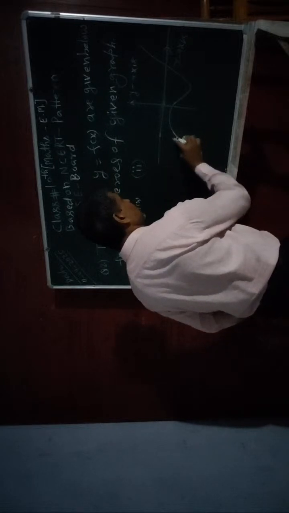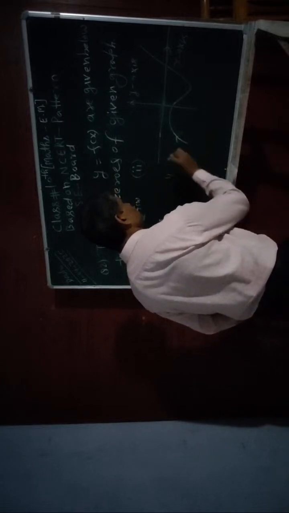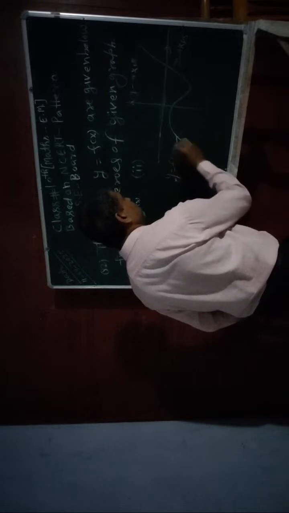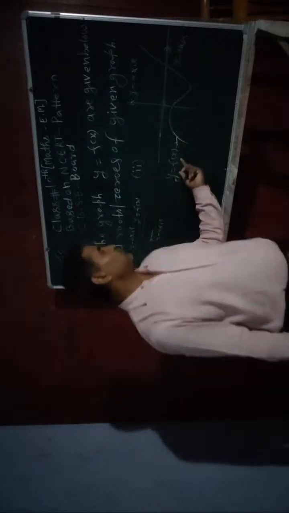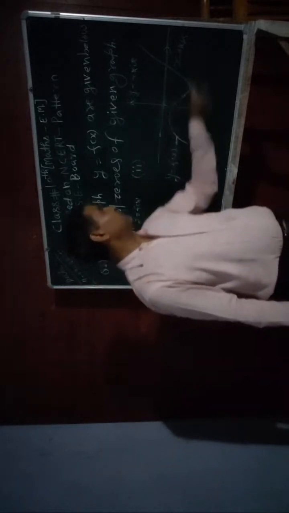Suppose that one curve is going like this. This is the curve. I will say y is equal to fx, and this curve diagram is like this. It is cutting the x-axis at one point, means it will have only 1 zero.